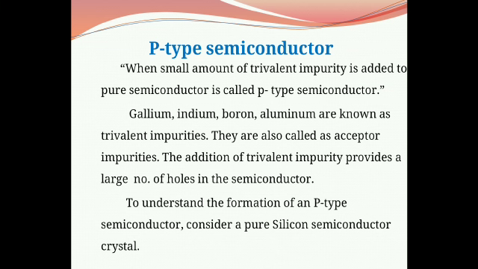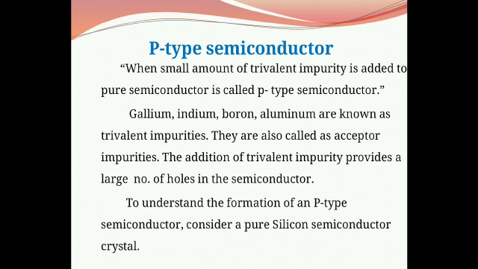These impurities are also called acceptor impurities because they don't donate any extra electron. The addition of a trivalent impurity provides a large number of holes in the semiconductor.